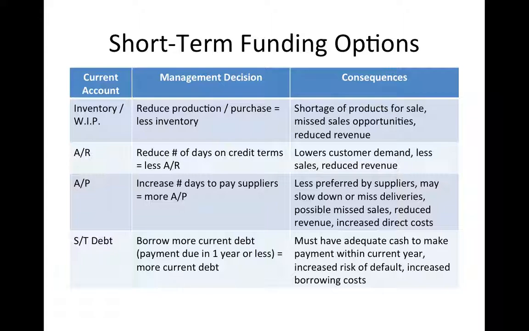In other words, you're no longer their preferred client because you're not paying timely. And so that's going to disrupt the supplies that you have, which then will disrupt the amount of inventory you have, which means kind of the same thing as cutting back on inventory. It's going to eventually reduce your sales and your revenues.